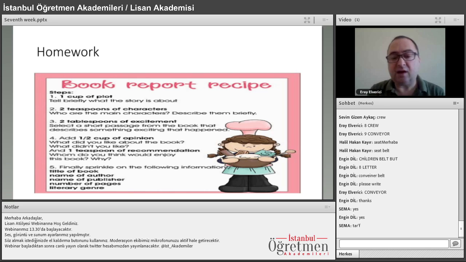So next week I'm going to get this book report recipe. You can just prepare it on the computer. It can be kind of PDF or let's say Word format. You can just send it to me on WhatsApp, or you can just send them through my email address.